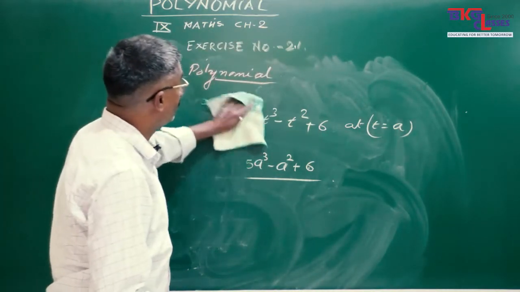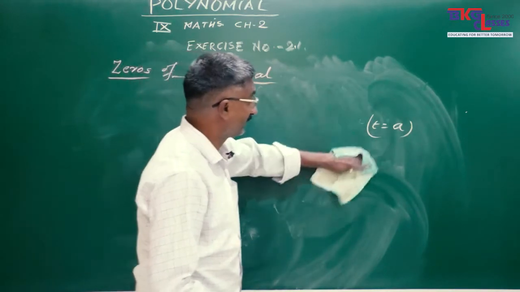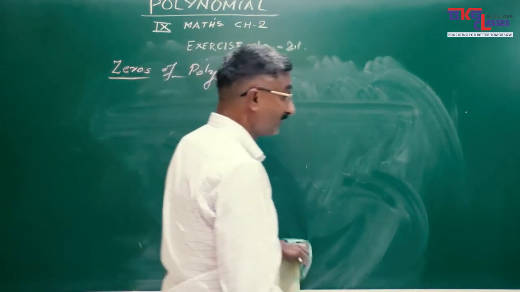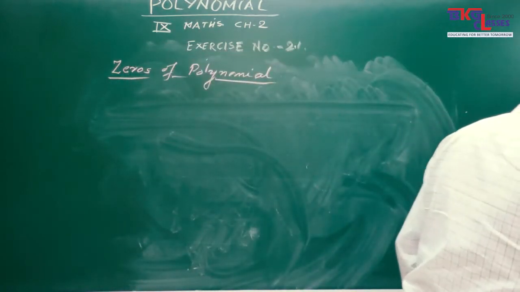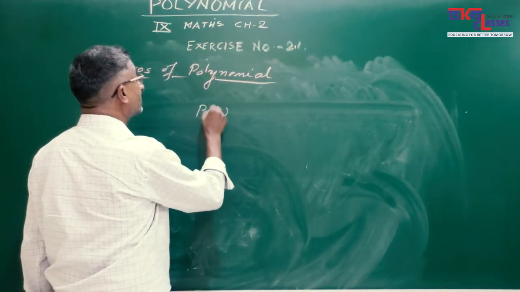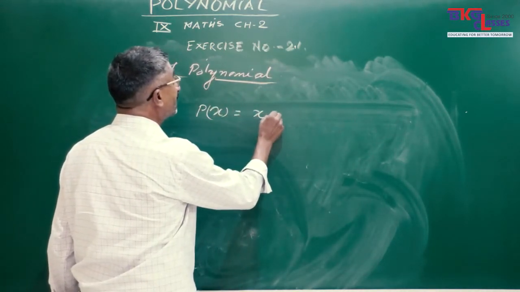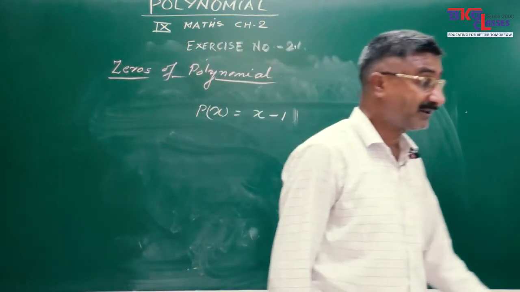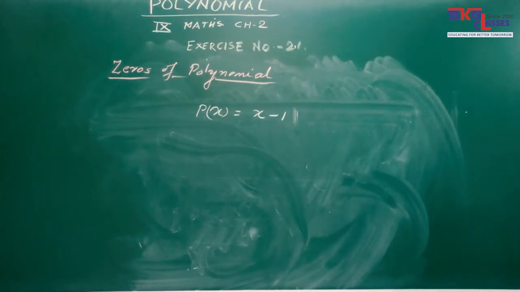Now we come to the heading zero of the polynomial. Suppose P(x) is equal to x minus 1.